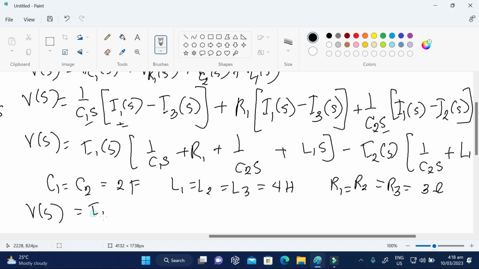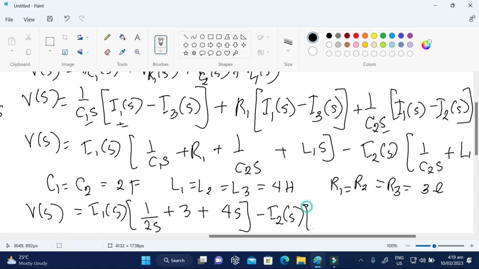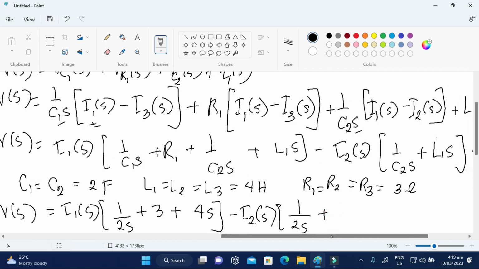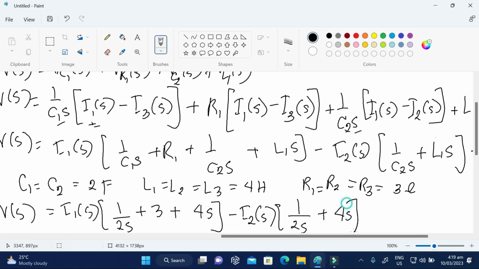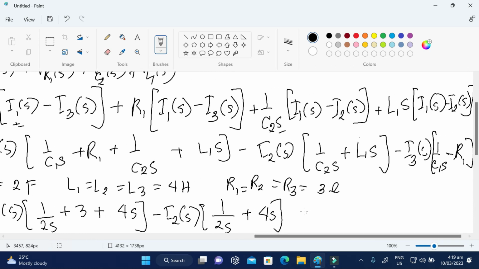So we have I1S multiplied by 1 over C1S, which is 1 over 2S, plus R1, 3, plus L1S, 4S. Minus I2S multiplied by 1 over C2S, which is 1 over 2S, plus L1S, which is 4S. Minus I3S multiplied by 1 over 2S plus R1, which is 3.